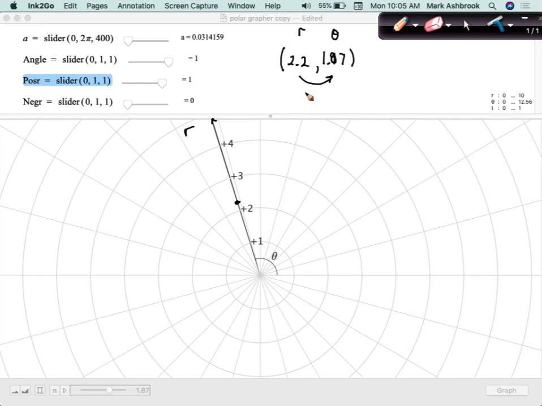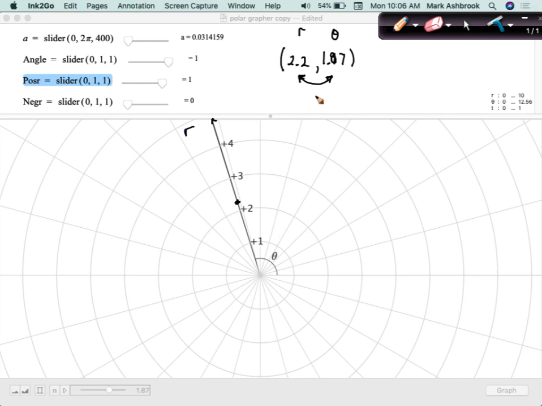Why is it backwards? Because what comes first? We're going to sweep an angle first, and then once we sweep that angle, we're going to head off from the pole the distance of r. So we sweep that angle, that was the 1.87 radians, and then I start at the pole and march out to 2.2, and that's how I get my point.